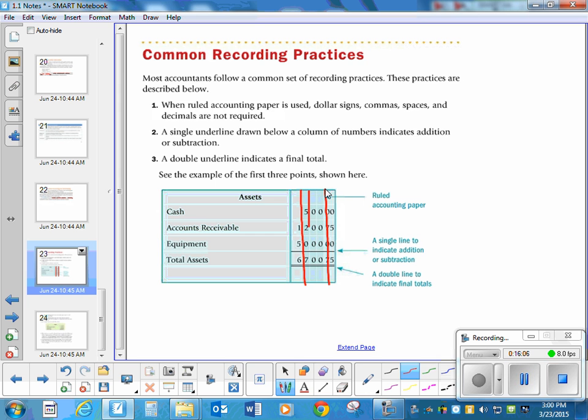And you're going to have white lines in between. The one at the back is for the cents, then the ones, the tens, the hundreds, and the thousands. You don't need to use dollar signs because the ruled paper indicates that we're using dollars.